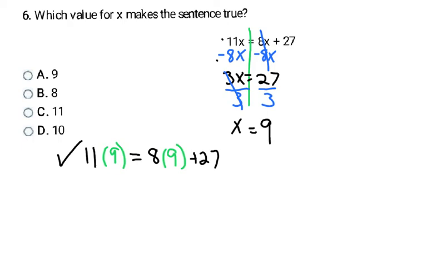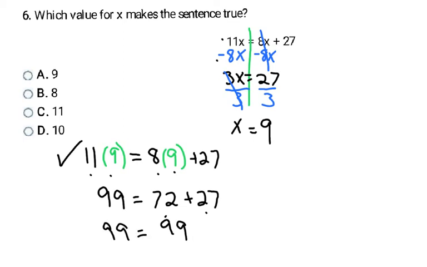So on the left here, I have 11 times 9, which is 99. On the right, I have 8 times 9, which is 72, plus 27. 72 plus 27 is 99. So both sides actually equal out to be 99 equals 99. So it does check out, so my answer is A.